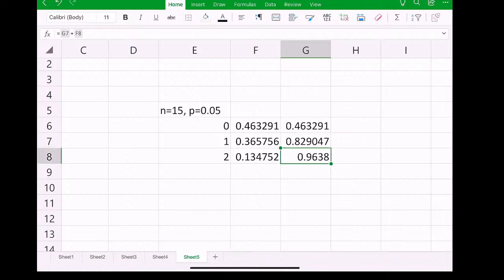This is cumulative. And so that's how you can generate the binomial distribution.